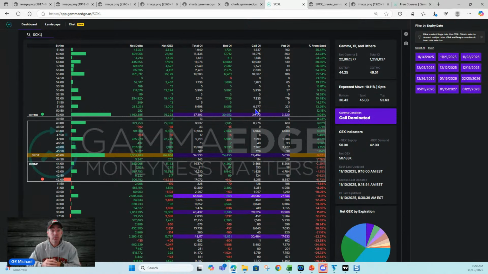They want to get paid for their risk over the weekend. At least I would, if I was long some sort of structure that was trying to take advantage of the upside, especially with a big gap up. A gap up is always a bonus for longs. It's always a gift. So I would always look to take profit on at least part of your position. So we may see some pullback right at the open for some closing of those positions. We'll see how that plays out.